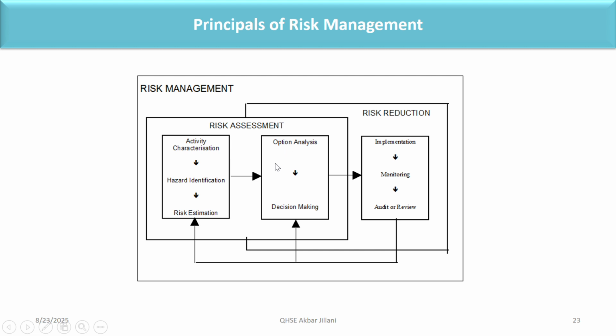First we assess the risk: activity characterization, hazard identification, then risk estimation, then option analysis, then decision making. Then we provide the hierarchy of control, implementation, monitoring, audit or review.